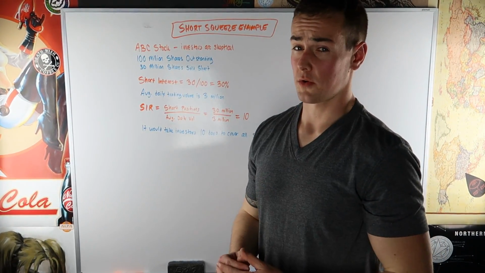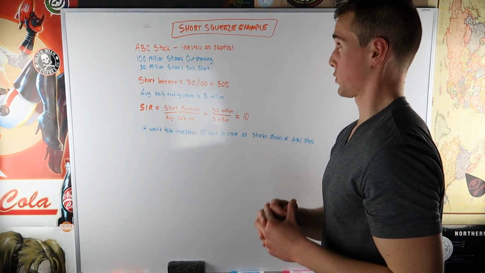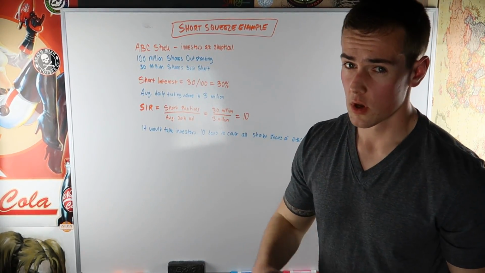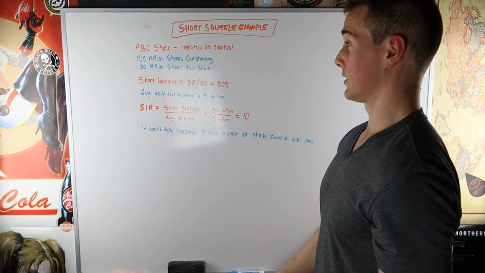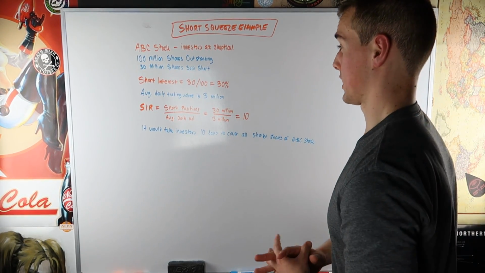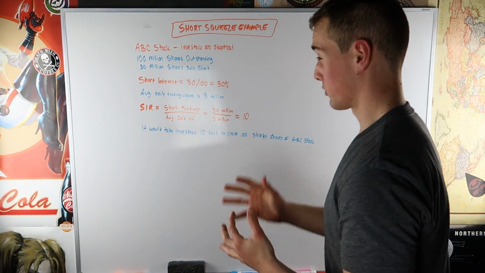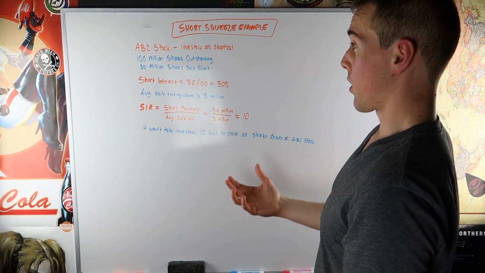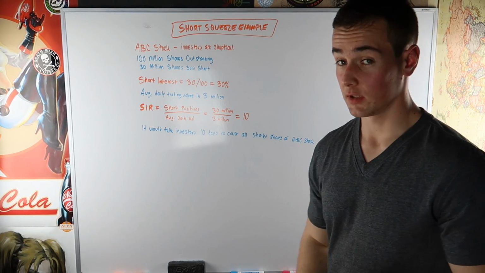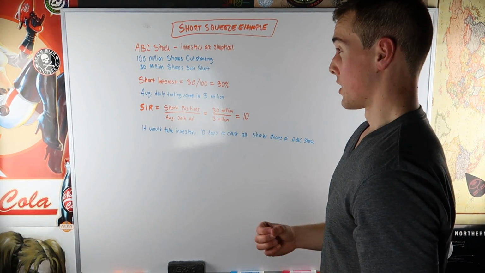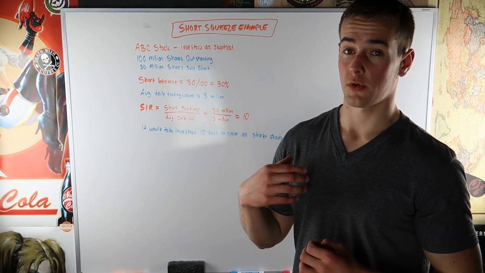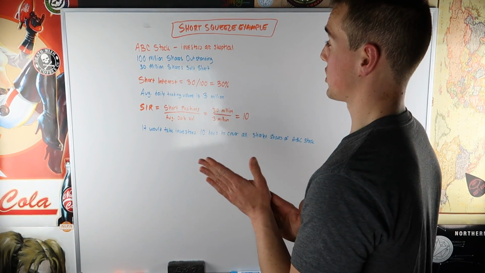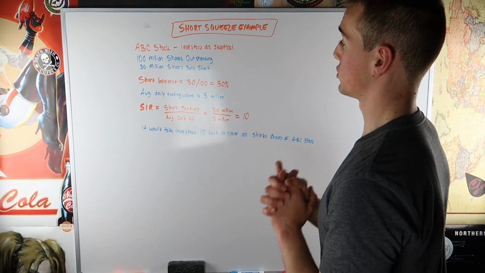Okay, so here's a very basic example of what a short squeeze might look like. And it's quite simple. What I'm going to go through is how you calculate short interest as well as the short interest ratio of the stock. So we're looking at ABC stock, which is our hypothetical stock right here. And overall, investors are skeptical of this stock. They believe the stock will go down in value. So the stock has 100 million shares outstanding, and of those shares, there are 30 million shares that are sold short.